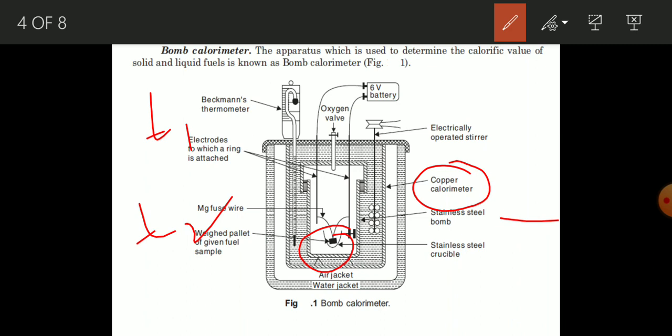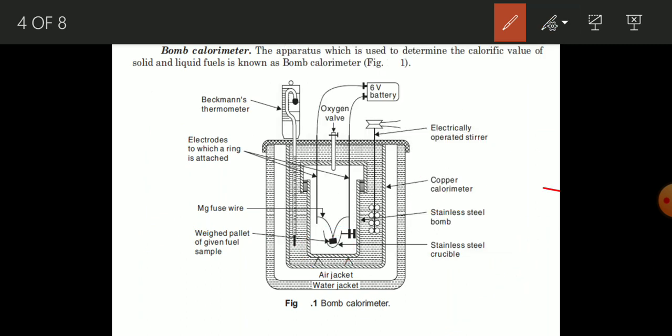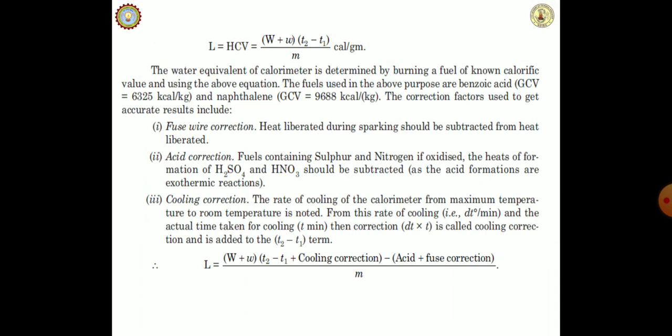HCV is the gross calorific value of the fuel. HCV is equal to (capital W plus small w) times (T2 minus T1) divided by m, in calories per gram.